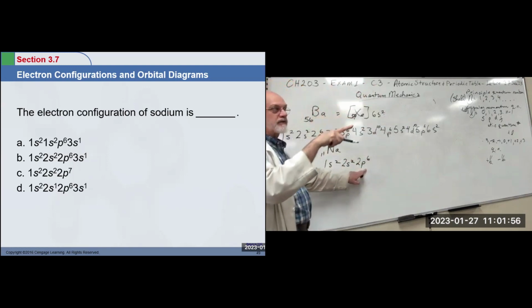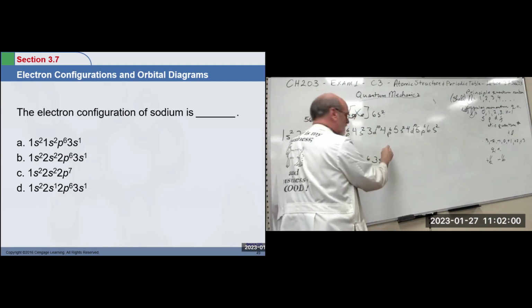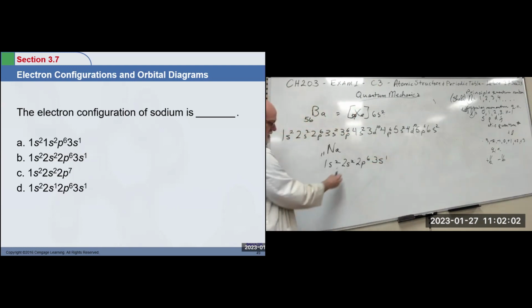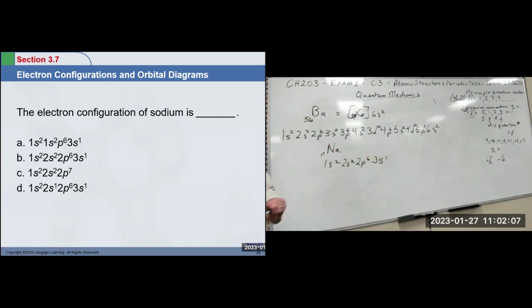And then we swing around to sodium's period, 3s1. 2 plus 2 is 4, 6, 11. There you go. And we did it from the periodic table.